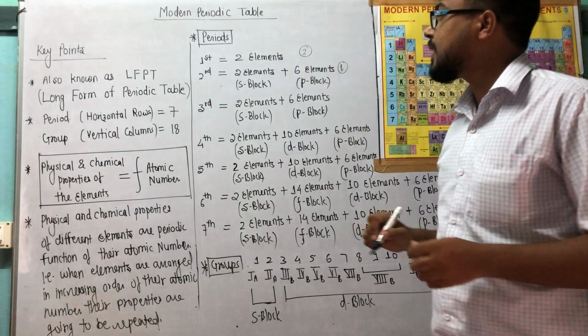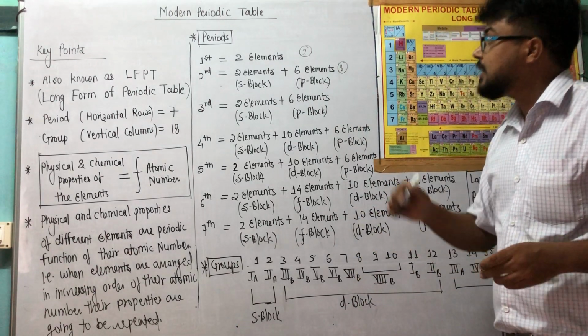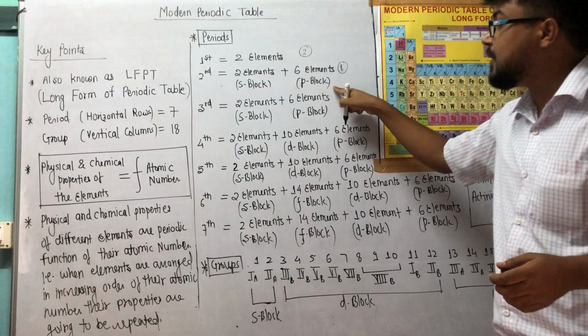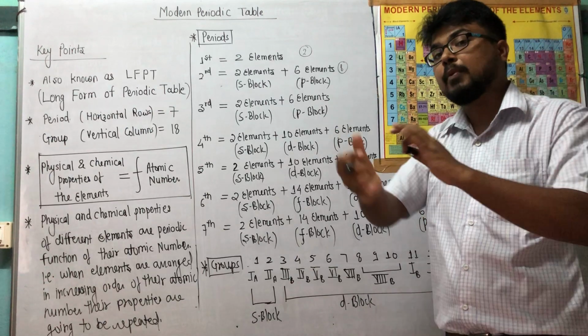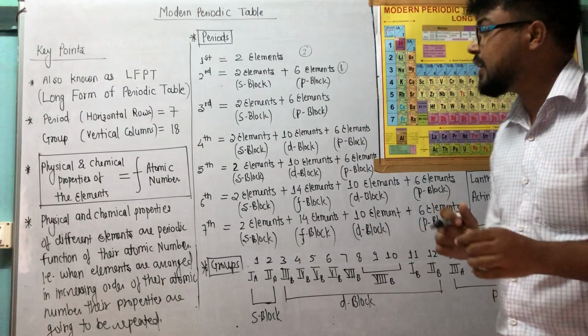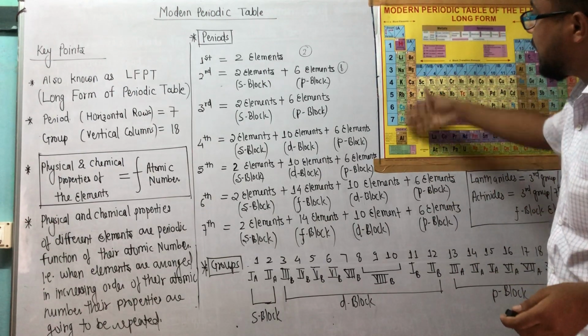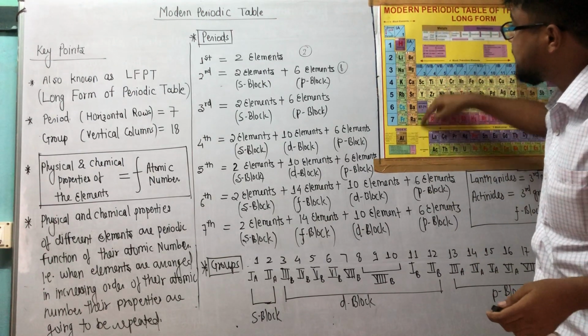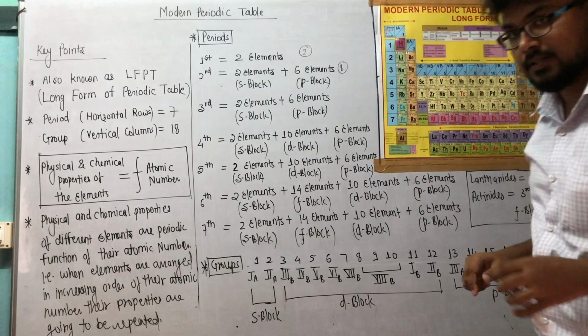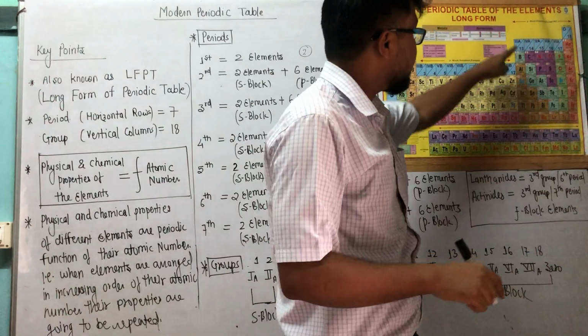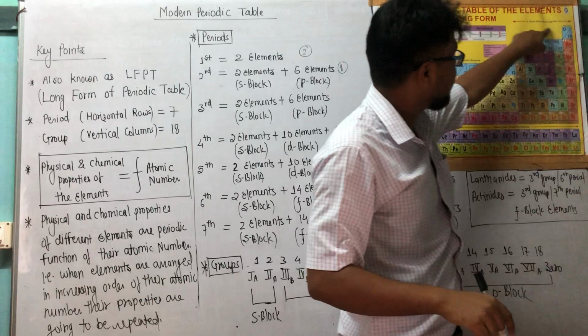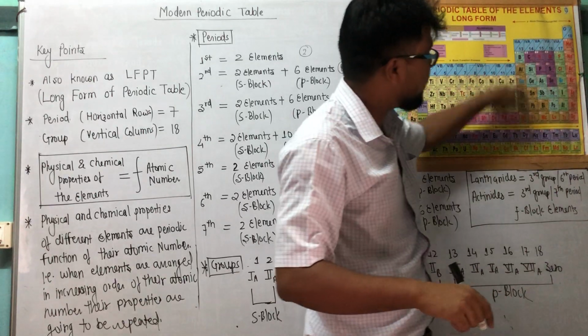Here we have the S block, P block, D block and F block, a new concept, correct? This complete area is known as the S block. The extreme right area is known as the P block.